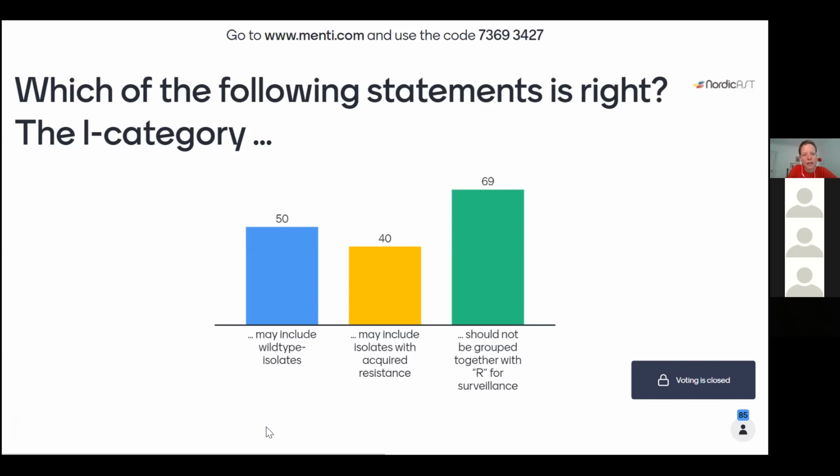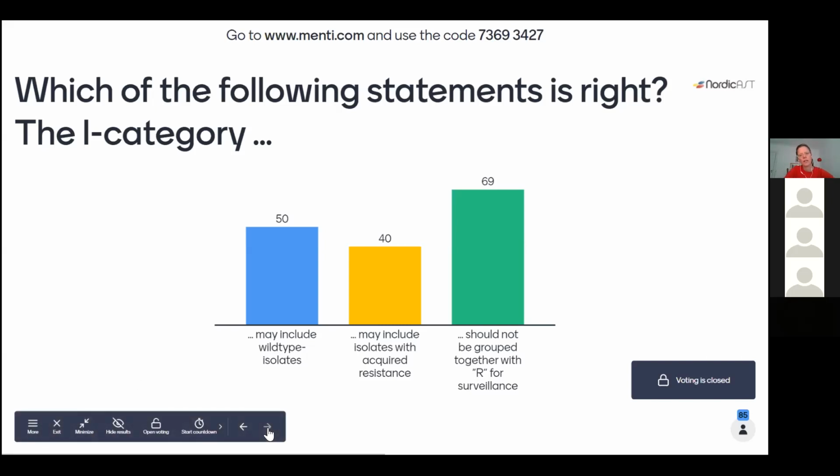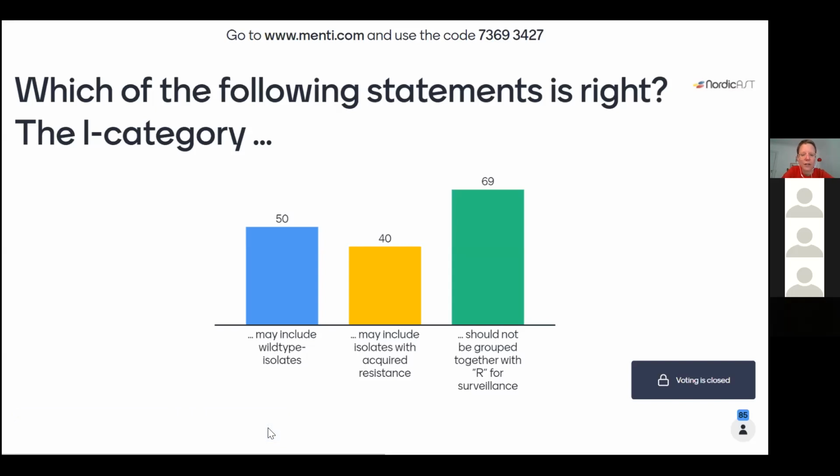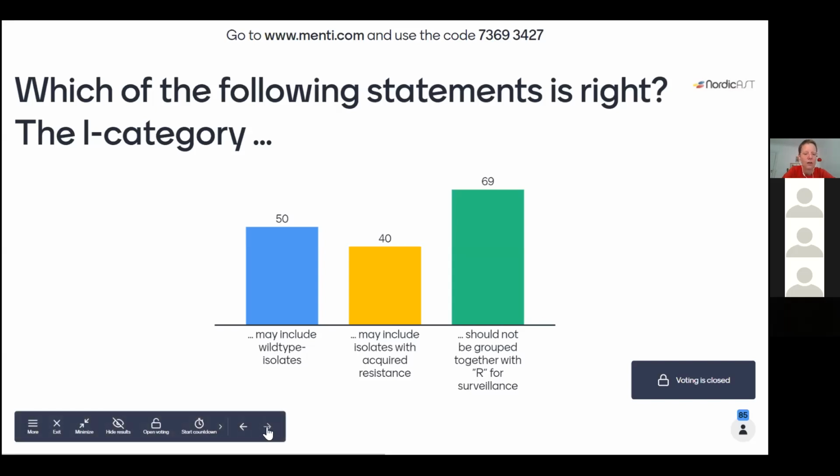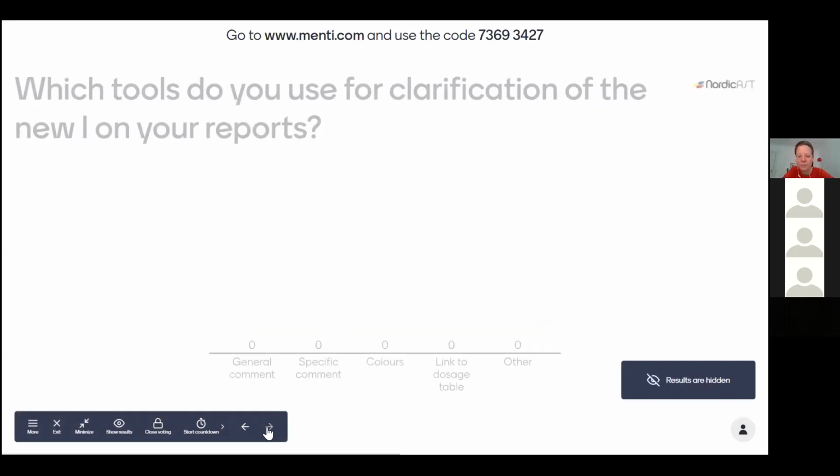And the I category for the last question, the one shown in green here, should not be grouped or lumped together with R for surveillance, and that is because it can also include wild-type isolates. So here, all 3 of the answers would be correct. I think Nathalie is then taking the 3rd Mentimeter question.